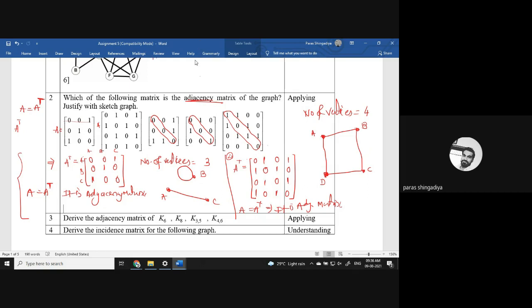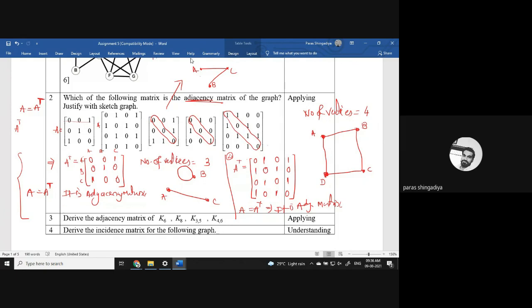Consider the graph with vertices A, B, and C. Then A to C is connected, clear, and B to C is connected. That's it, that is the graph of the third one.